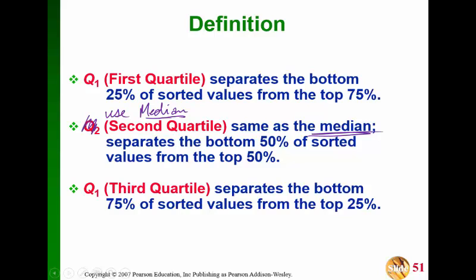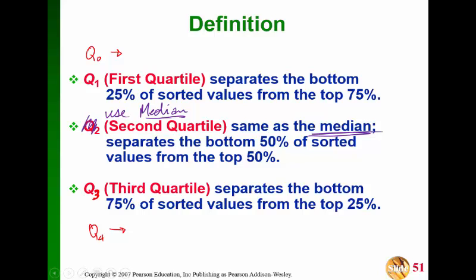Oops, this is a typo. This is Q3. There are actually 2 more numbers that are important in this placement: Q0, which people don't use, and Q4, which also people don't use.